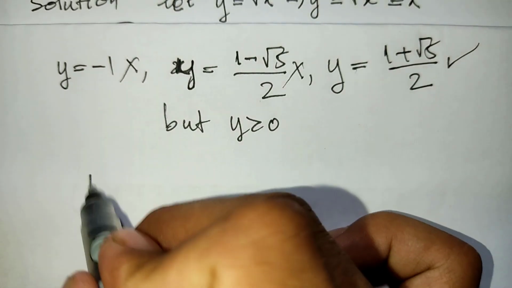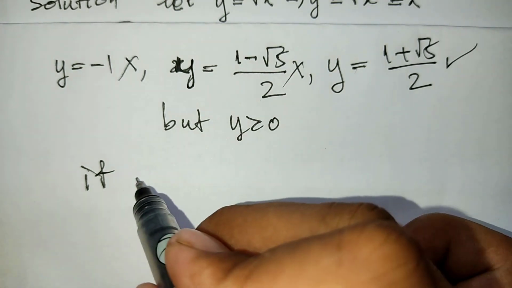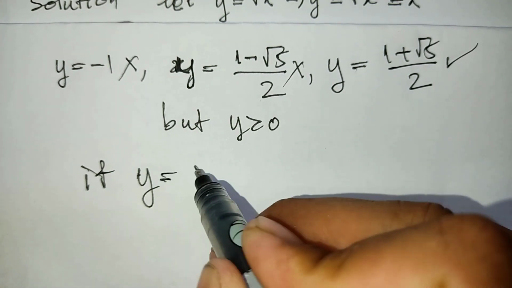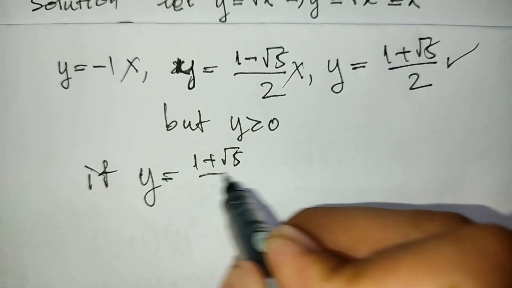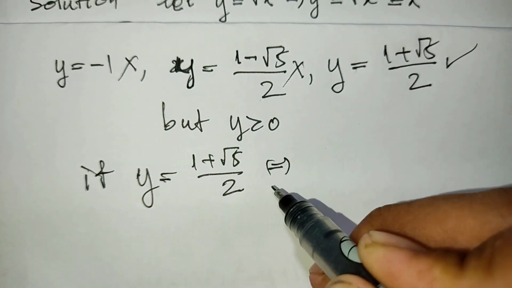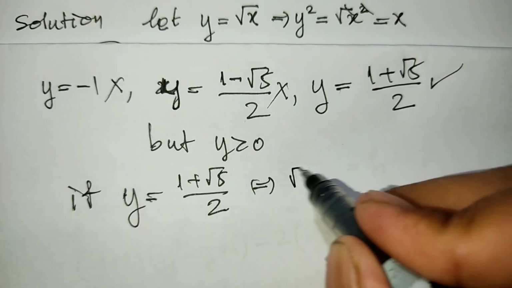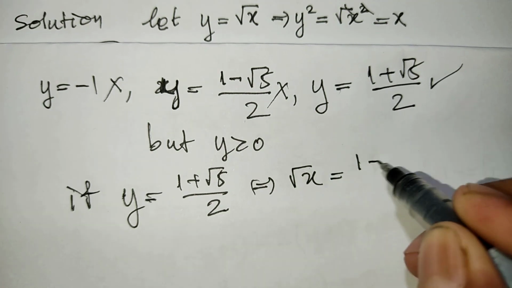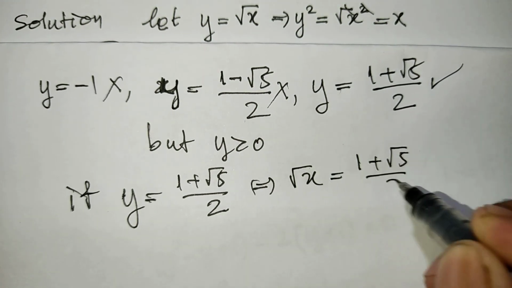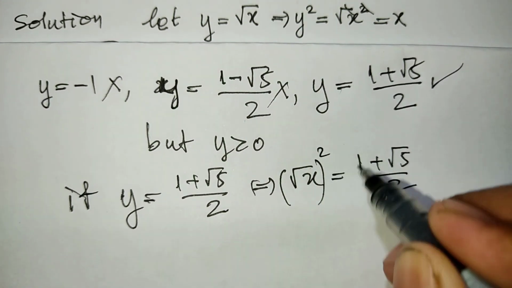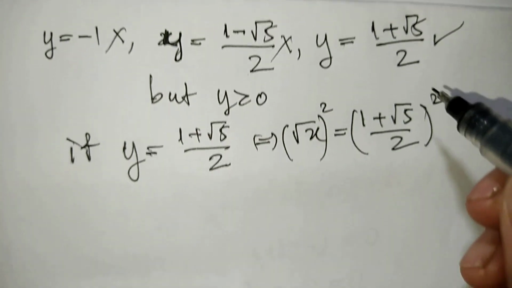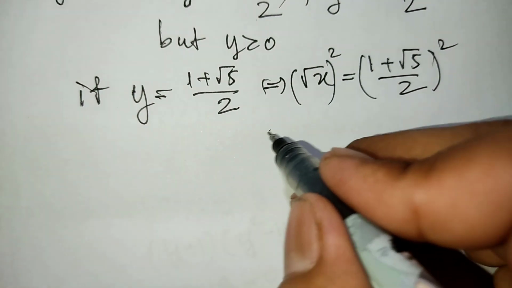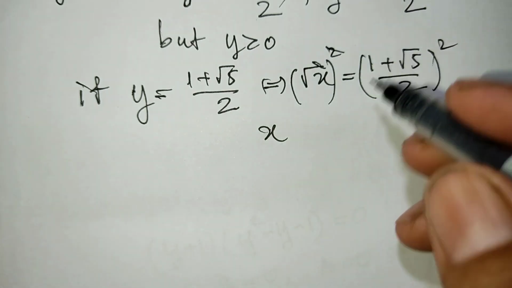So y is equal 1 plus square root 5 divided by 2. So we get square root 8 equal 1 plus square root 5 divided by 2. And I raise both sides of this equation to the square. So I get here 8. Let's simplify this.